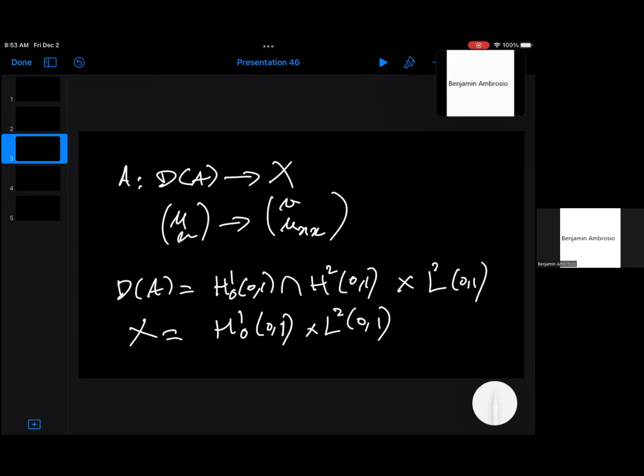Okay, so with that in mind, we want to do the same thing as before. We want to prove that A generates a C0 semigroup.